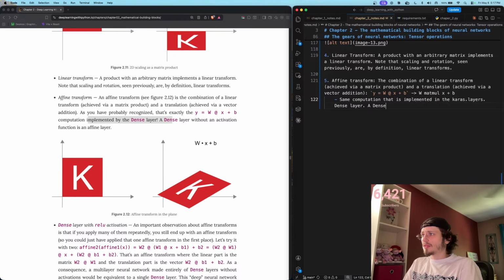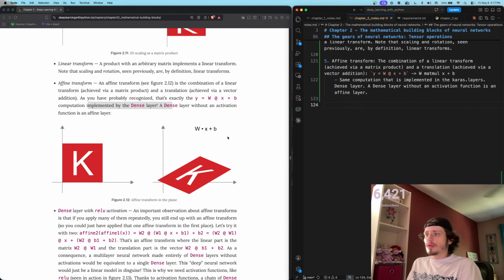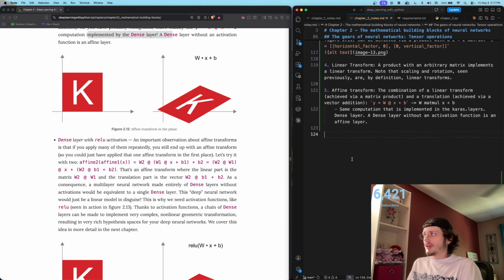A dense layer without an activation function is an affine layer. Okay. Then we have 6, a dense layer with a ReLU activation.